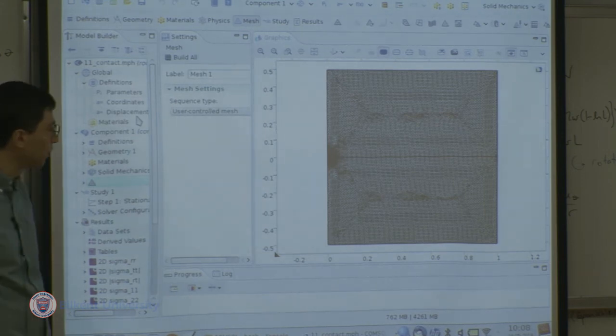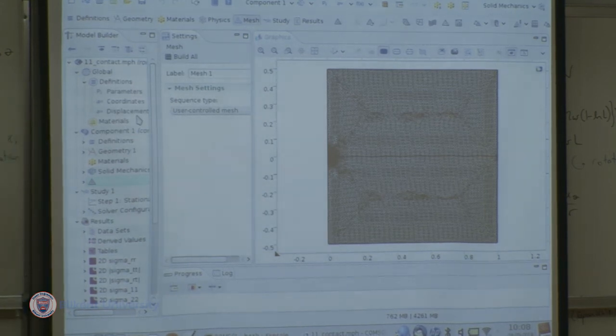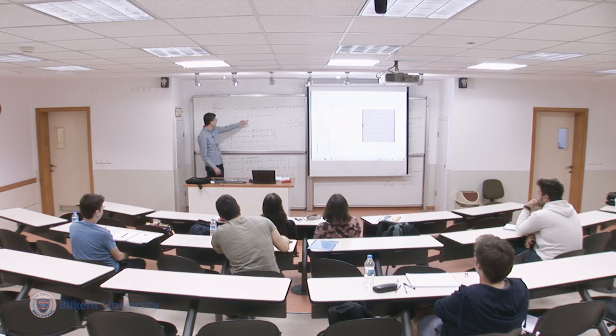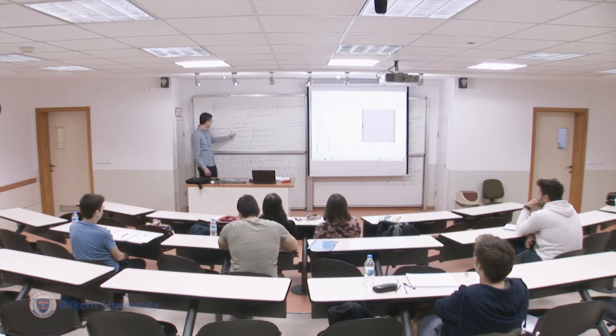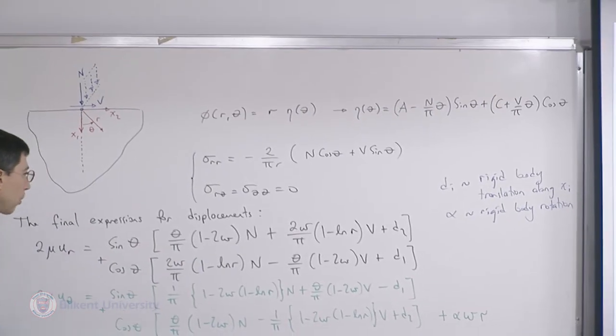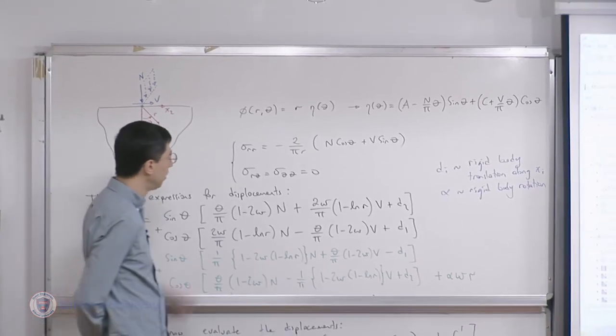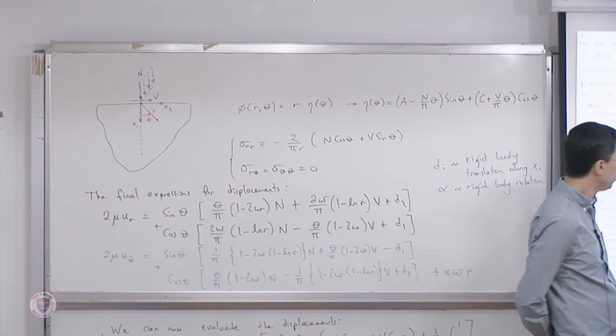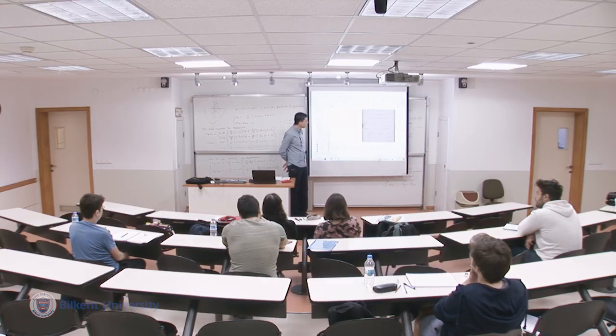To get a good numerical solution with this type of problem is really not easy at all. The problem is that we have a singularity. And if you look at our solution, the singularity is present not only in the stress field, but there is a logarithm term in the displacement field as well. So the stress is singular, and the displacement is also singular. If you want to get a good stress field, you have to have a very good mesh.